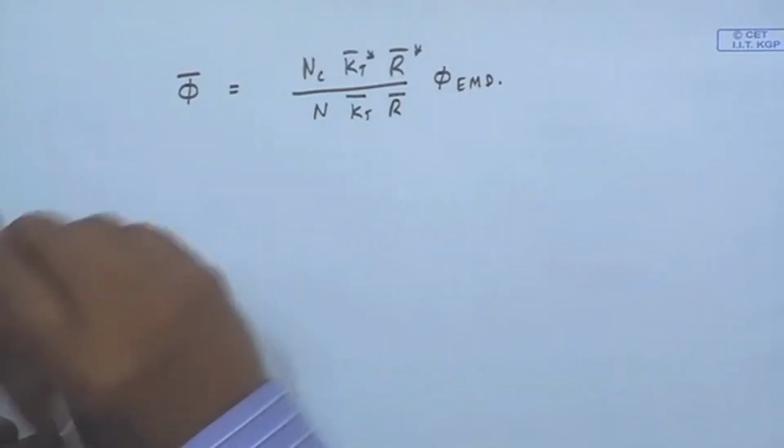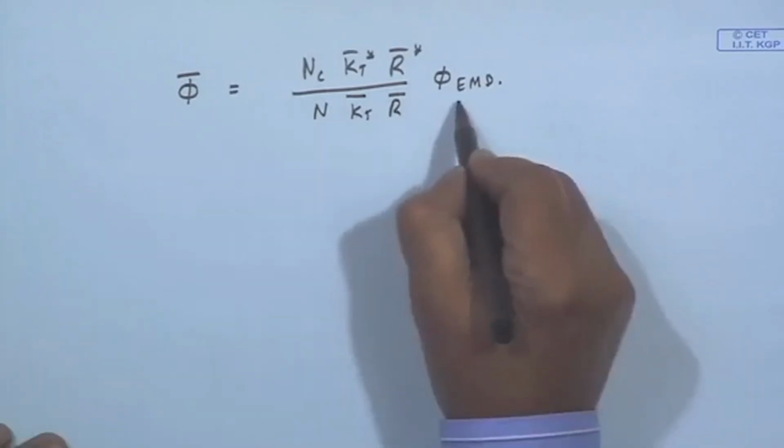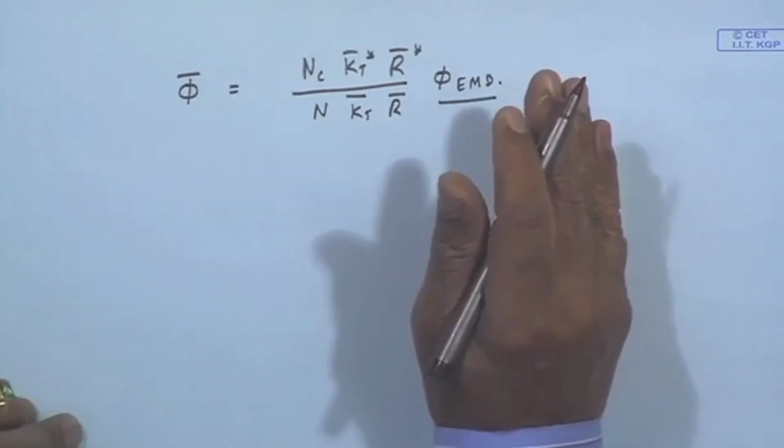So, you make a single day calculation, you will get the monthly average daily utilizability, and this is easy to calculate for a concentrating collector or gamma not equal to 0, except when the RB factor is complicated and not integrable, otherwise it can be done. And for modes 2 and 3 of concentrating collectors tracking, you can have a numerical integration procedure to get the phi EMD.